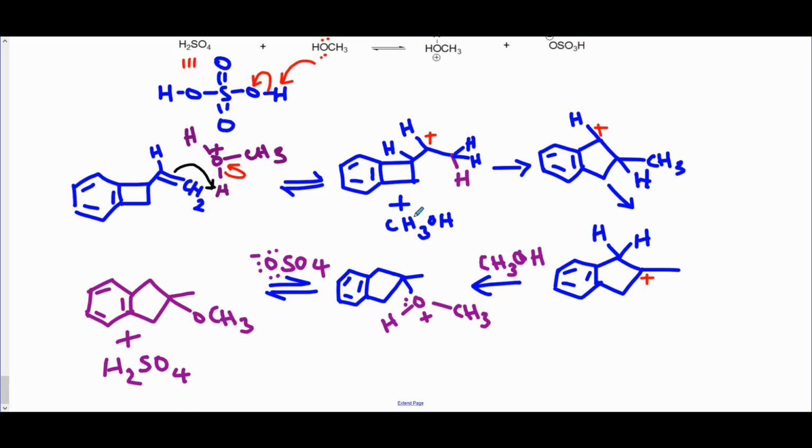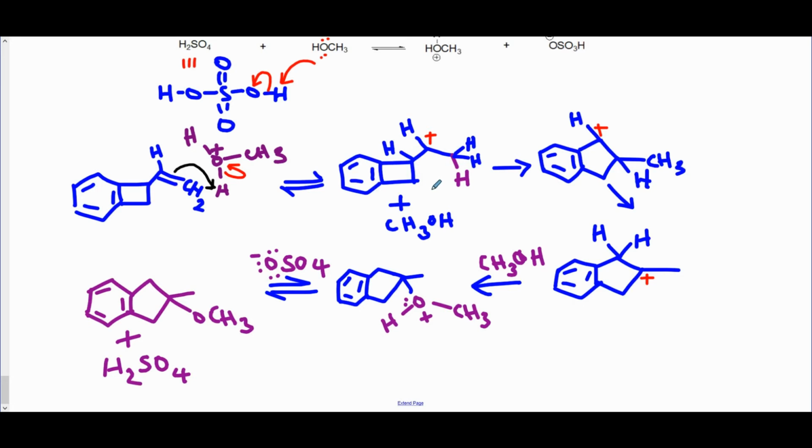You're going to get these two products. The plus charge will end up on the more substituted sp2 carbon of the starting material, and the hydrogen ends up where there's more hydrogens on the sp2 carbons of the alkene, according to Markovnikov rule, as we did in the first example. And then this is a 4-membered ring.